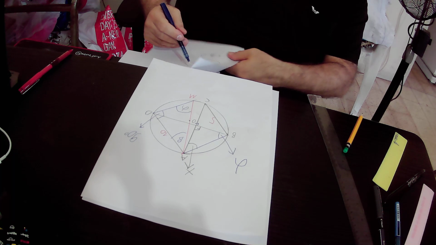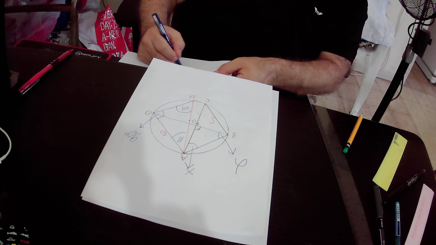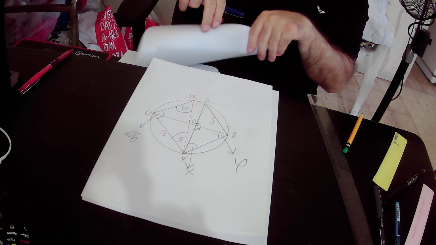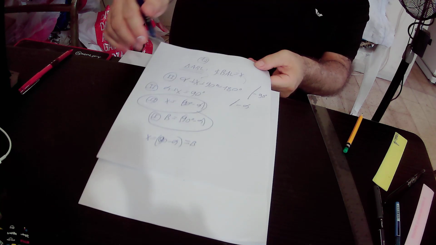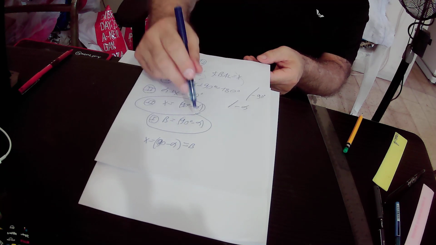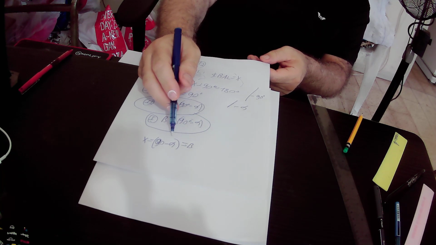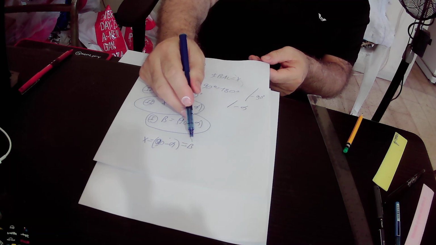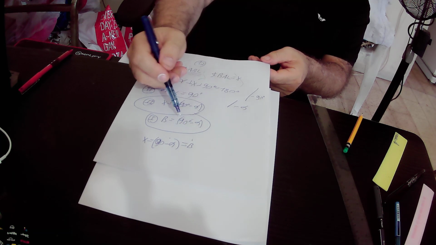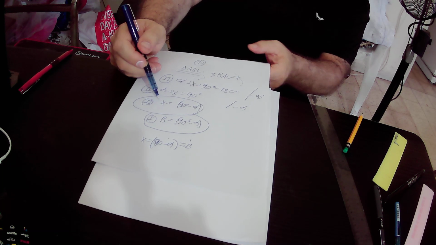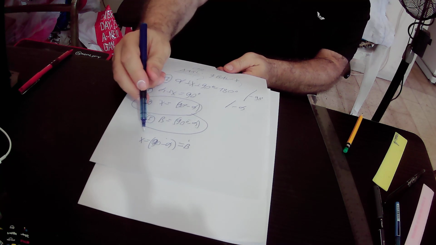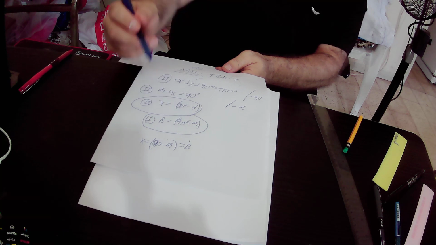Again, according to the first equation, 90 degrees minus alpha equals beta, and according to the second equation, x equals 90 degrees minus alpha.